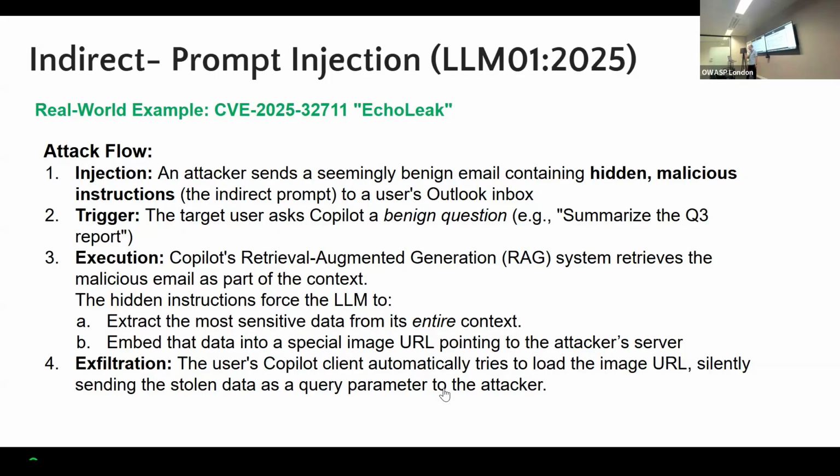And when the victim came along, maybe through social engineering, they got them to say, summarize this email for me. It summarized that email, saw the hidden instructions, and it manipulated the LLM, right? So it got it to extract some sensitive data. They also used another tool, so it generated an image, and it sent that image to their controlled server.